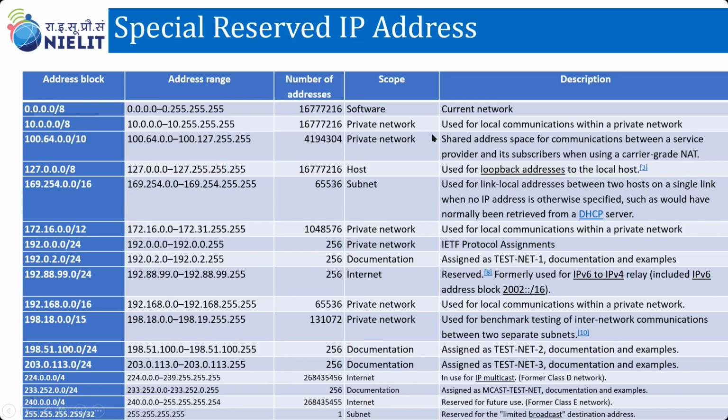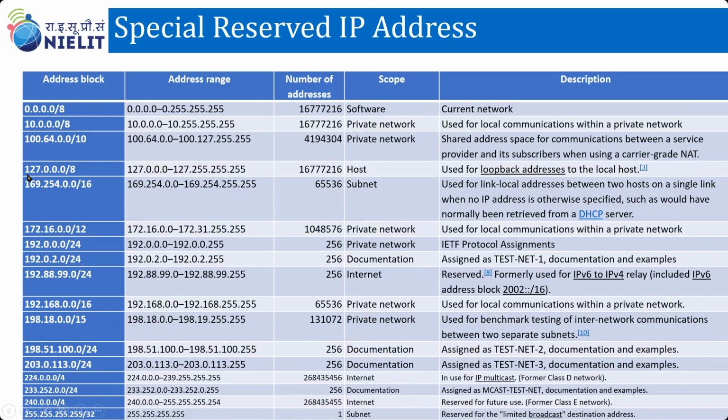It is a special range allowed by IANA, and this category of IP address is especially used for communication between internet service providers. Basically, it is shared address space for communication between a service provider and its subscriber when using carrier grade NAT. Many ISPs use this IP series for their internal NAT translation between their subscribers and their infrastructure.